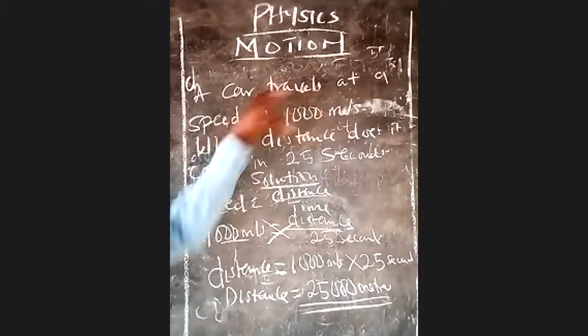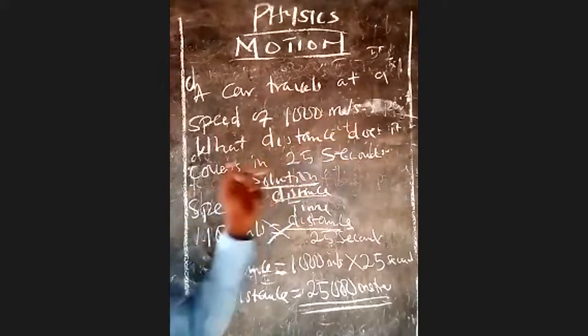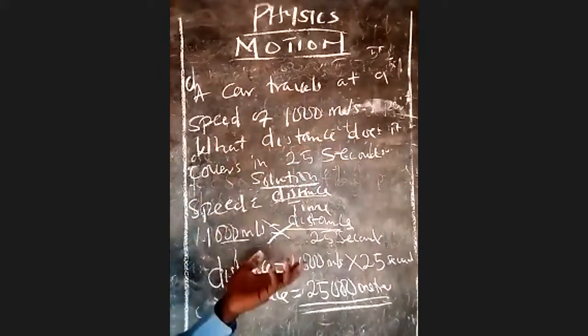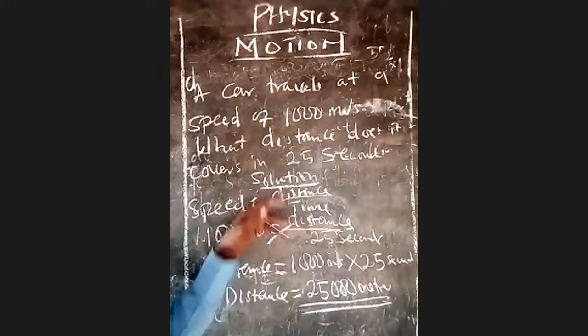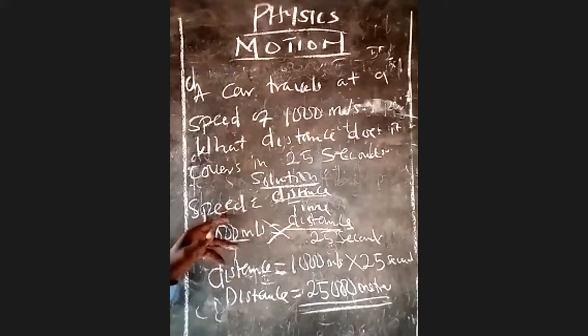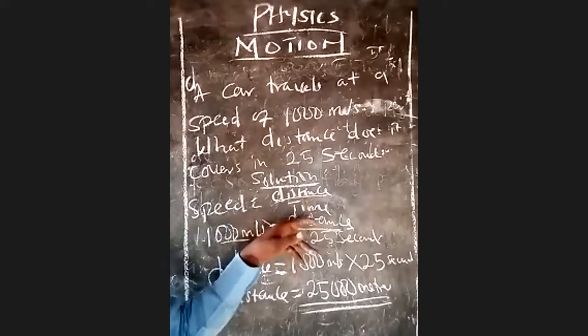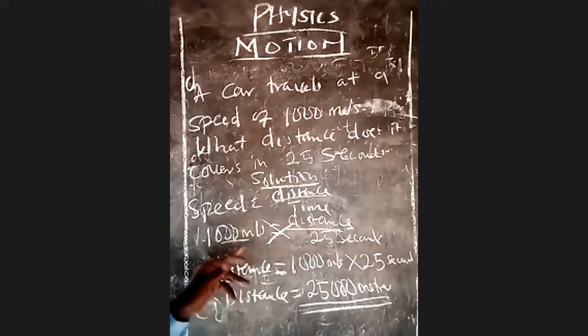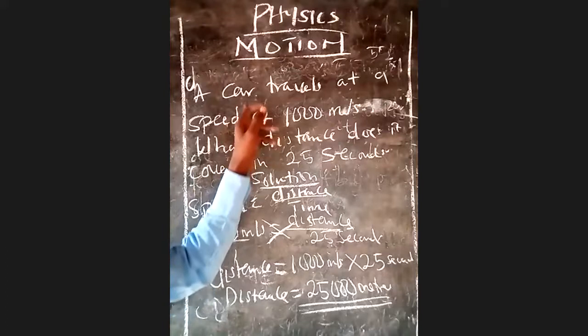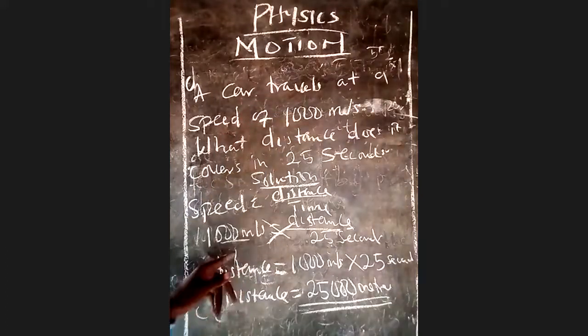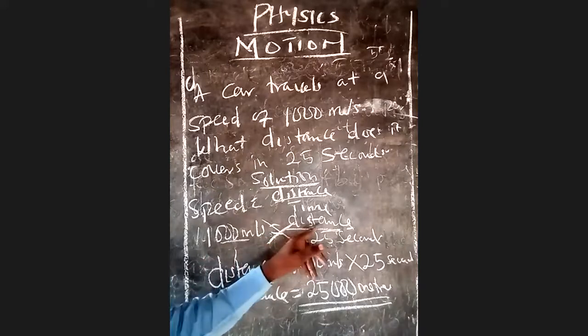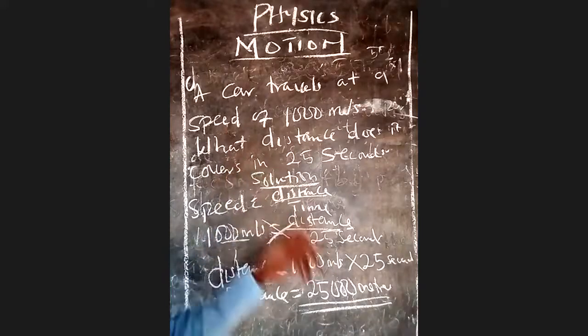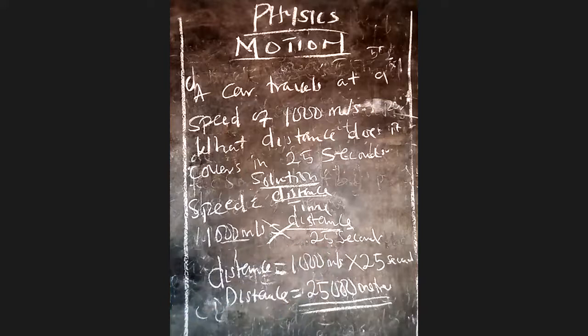If the car travels at a speed of 1,000 meters per second, what distance does it cover in 25 seconds? Now, speed is equal to distance over time. We were given speed and time, but not distance. The speed is 1,000 meters per second, equal to distance, which is not given, over a time of 25 seconds.